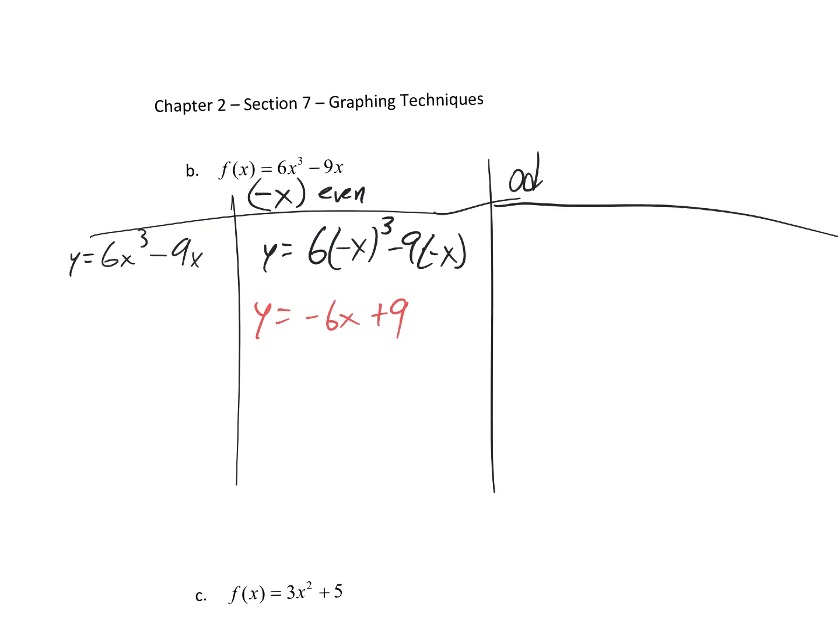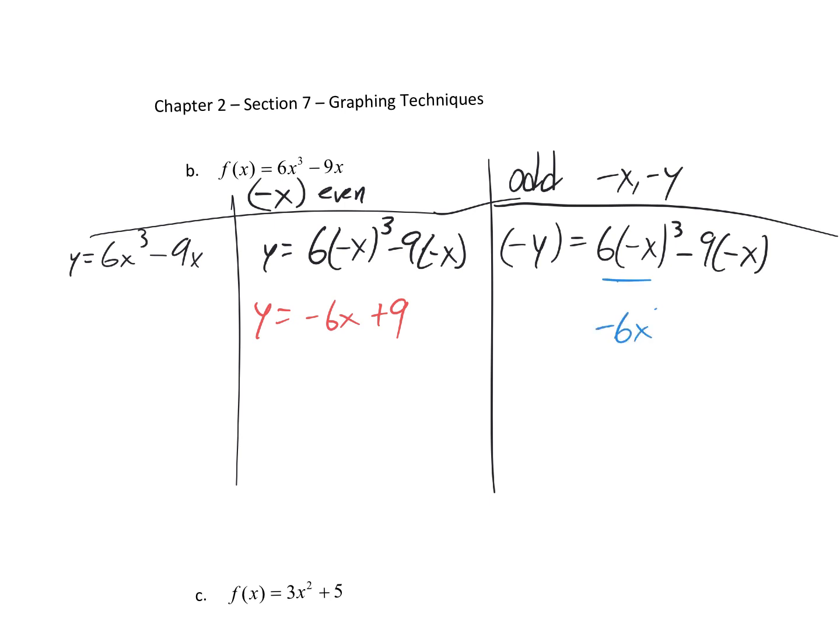So if we were an odd function, we're going to have negative x and negative y. So negative y equals 6 negative x cubed minus 9 times negative x. Okay, and basically this side we've already done once, so negative 6x cubed plus 9x equals negative y.